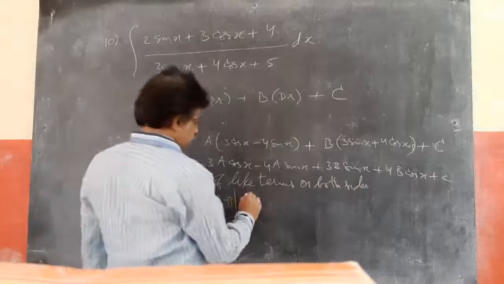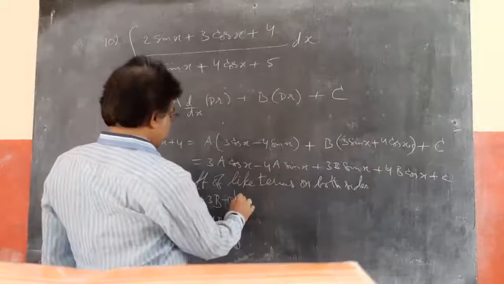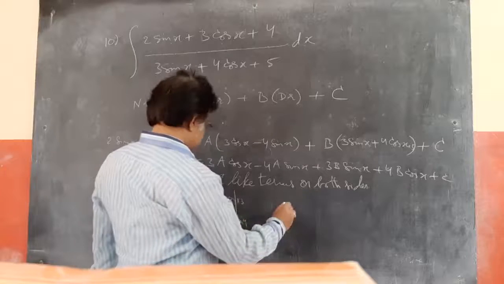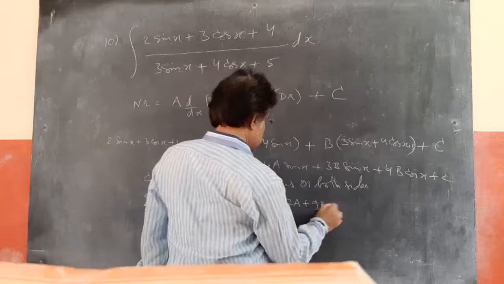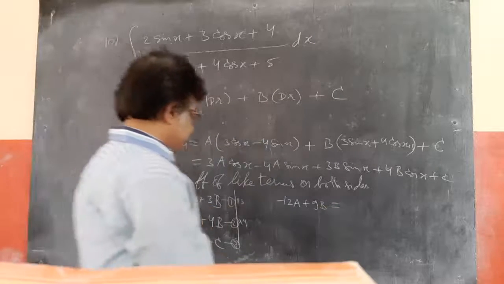So solving 1 and 2, I will go for the elimination method. Multiply 1 with 3: minus 12a plus 9b equal to 6.